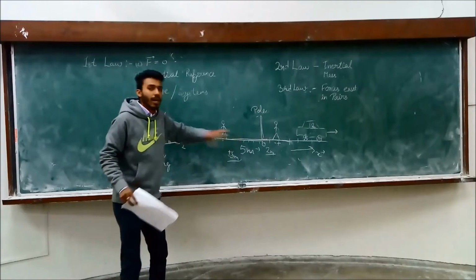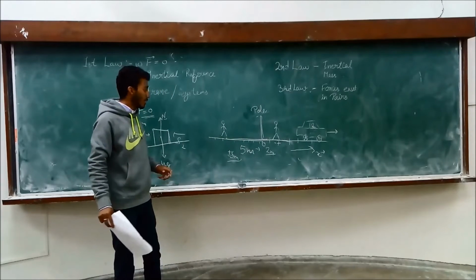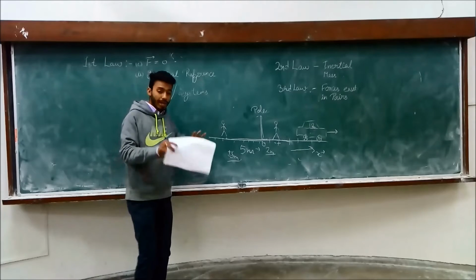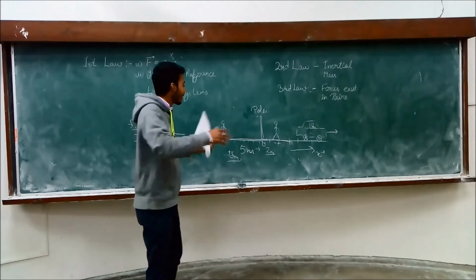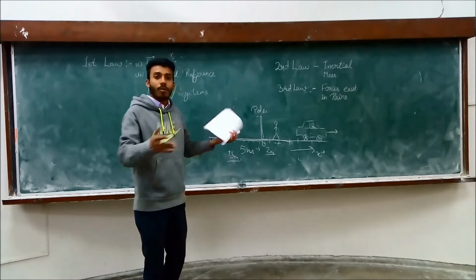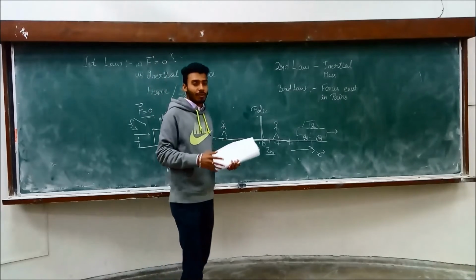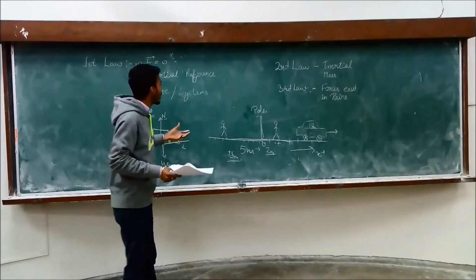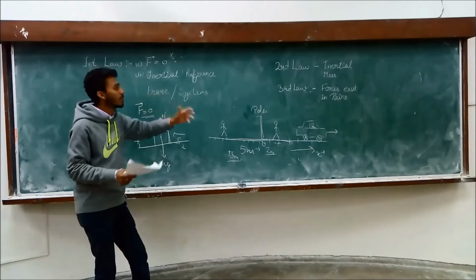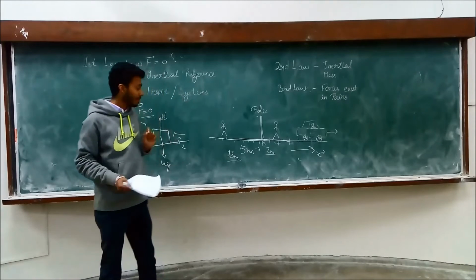We know that the earth is revolving around its axis, so it has some acceleration, and the earth is also revolving around the sun and the whole solar system around the center of the galaxy. So, properly defining it, an inertial reference frame is one which follows Newton's first law.